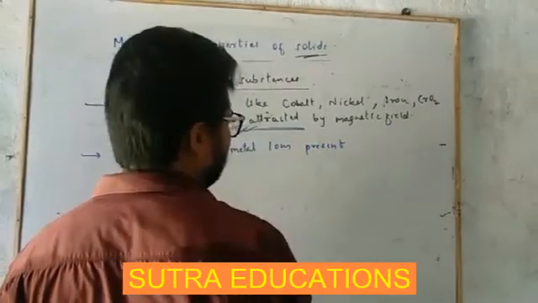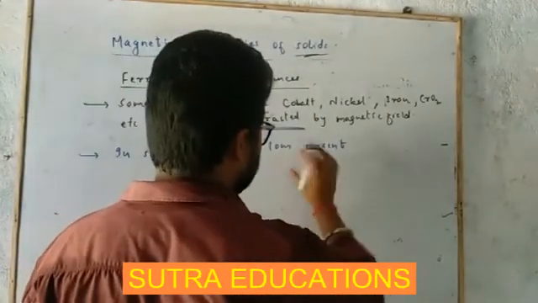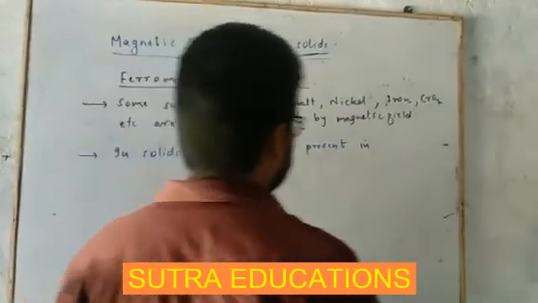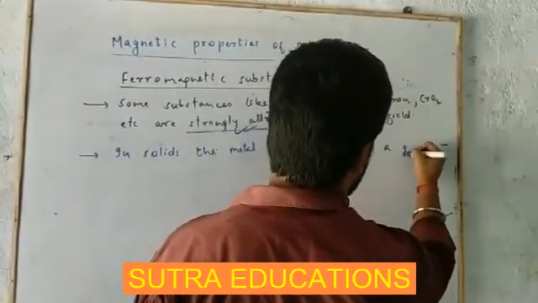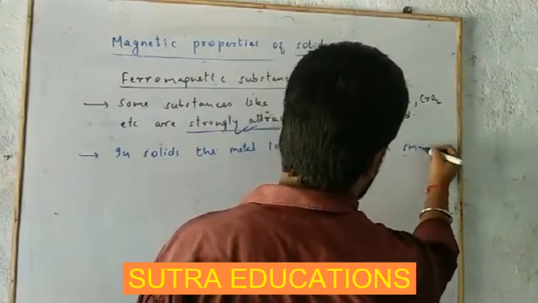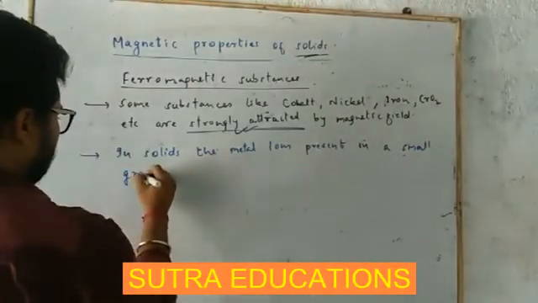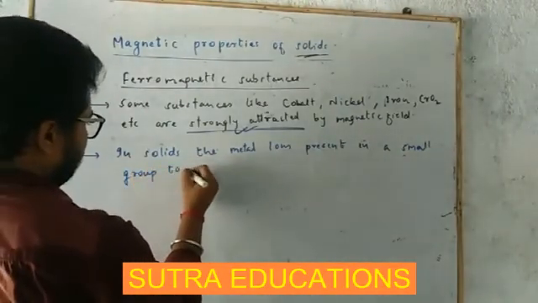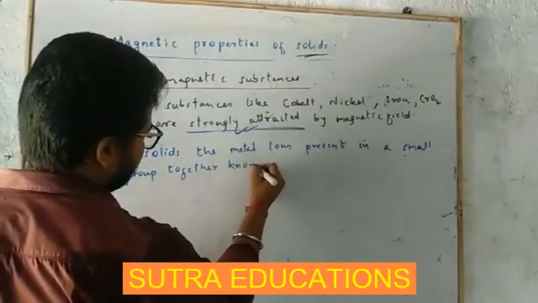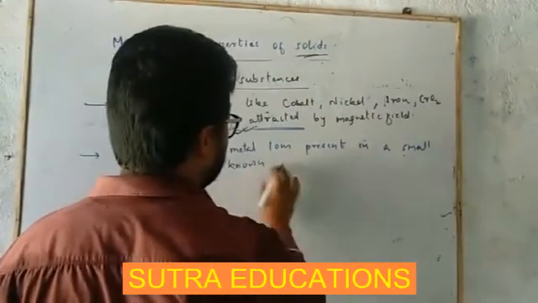In solids the metal ions are present in a small group together, known as domains.